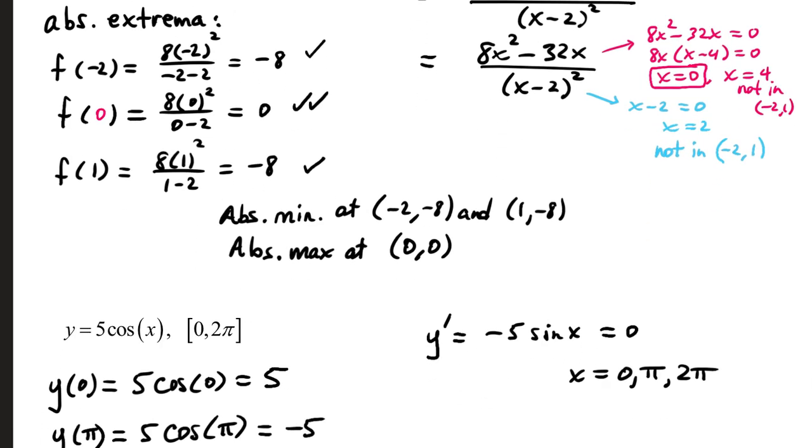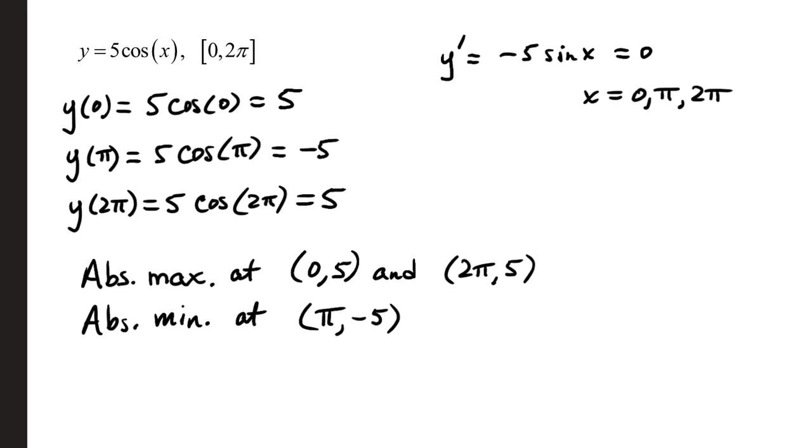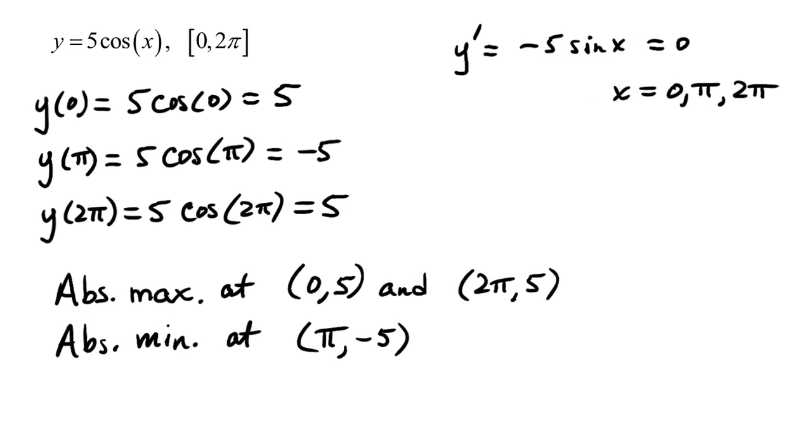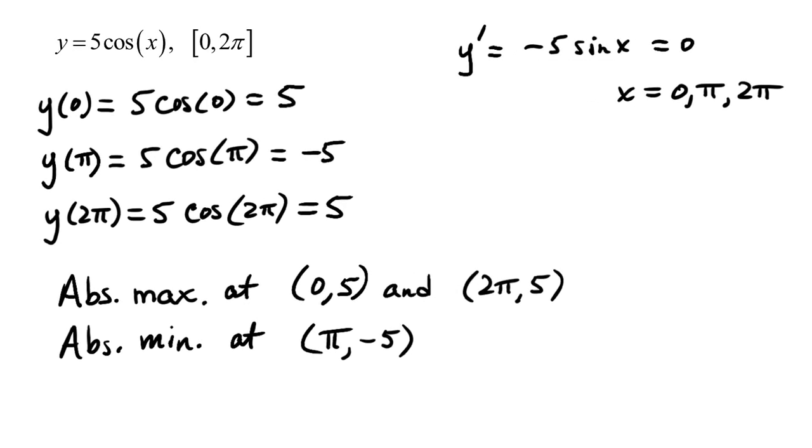Let's jump down to our next function. We're going to take a look at 5 cosine x over the interval 0 to 2 pi. Taking our first derivative, y prime equals negative 5 sine x equals 0.